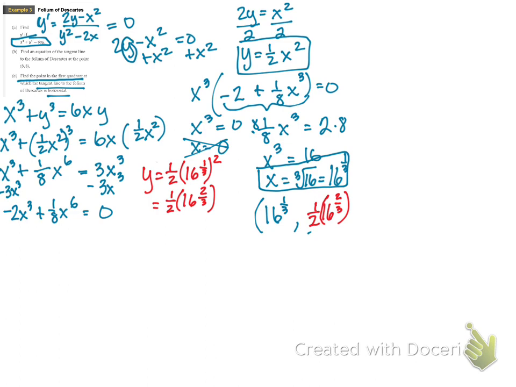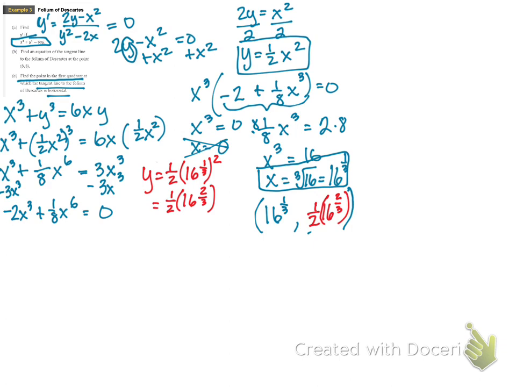You'd have to use your calculator to get there. How do you take a cube root in a calculator? You do the control and it's the nth root. I think this is like 2.5 something.